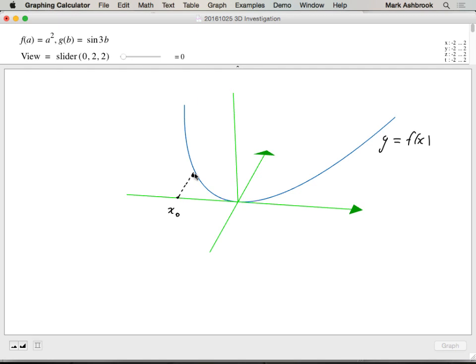And I want you to represent in as many ways as you can what that vertical segment represents. So you can brainstorm at your tables. Represent the length of that segment. Okay.